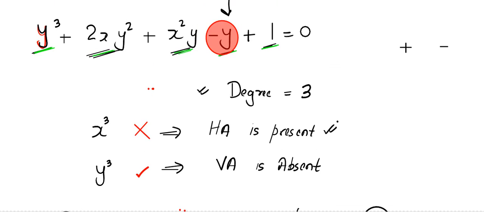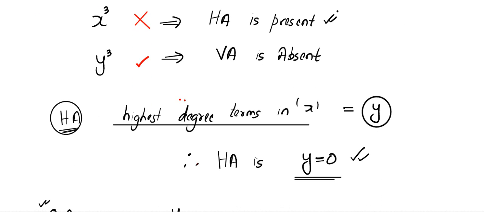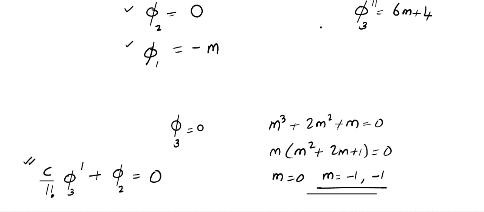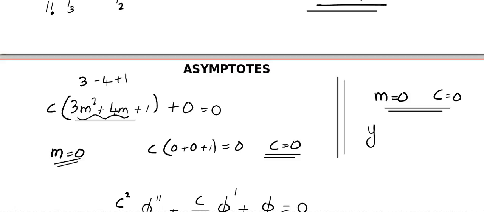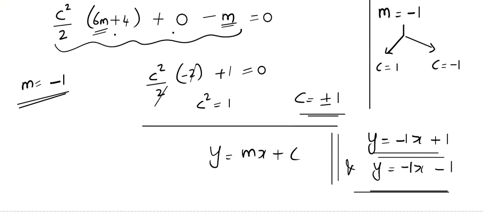First asymptote we already found here, the horizontal asymptote. The same result came here. You can notice that 0x plus 0. And the second asymptote is here, the third one is over here.